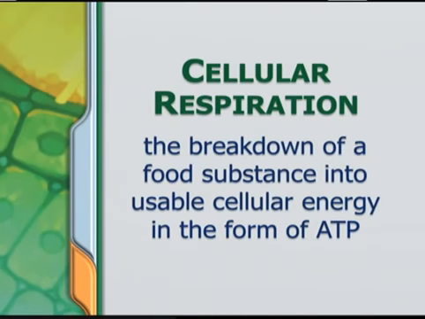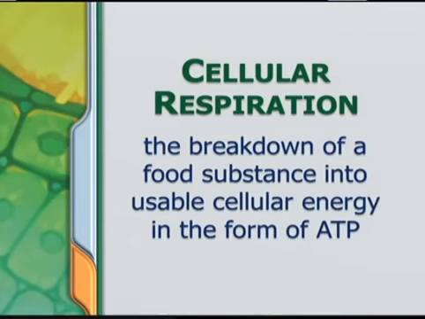Cellular respiration, again, is the breakdown of a food substance, and we're going to use glucose as the common example, into usable cellular energy. Now I'm adding to that definition a little bit because we have discussed ATP. Remember, glucose and other large organic molecules are too big.